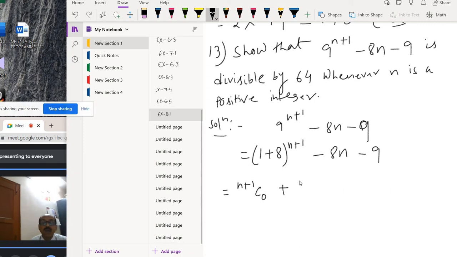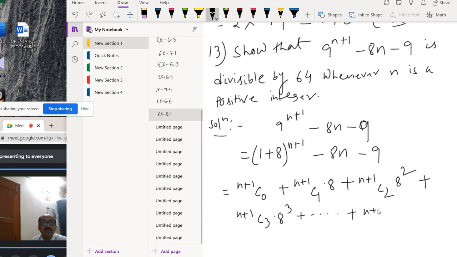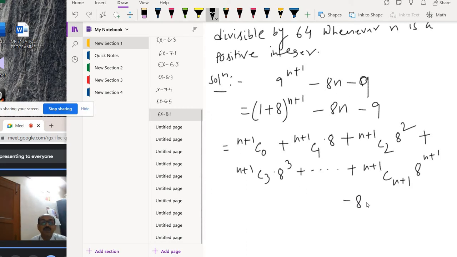Plus n plus 1 C1 into 8, plus n plus 1 C2 into 8 square, plus n plus 1 C3 into 8 cube, plus, and the last term is n plus 1 C n plus 1 into 8 to the power n plus 1. Okay. This minus 8n minus 9.